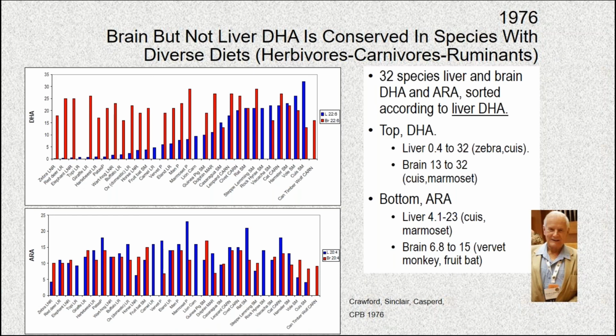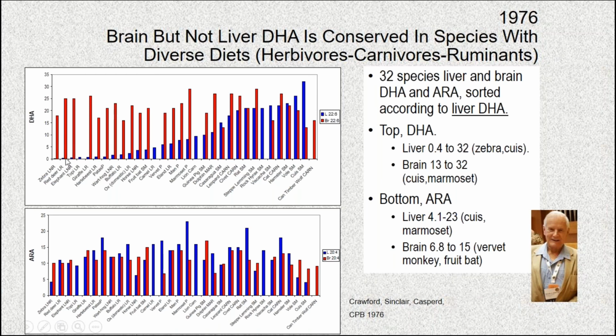So this is an example from the early days where our colleague Michael Crawford, who is in London, analyzed 32 species of animals for their liver and brain DHA and arachidonic acid. And I've plotted them graphically here.